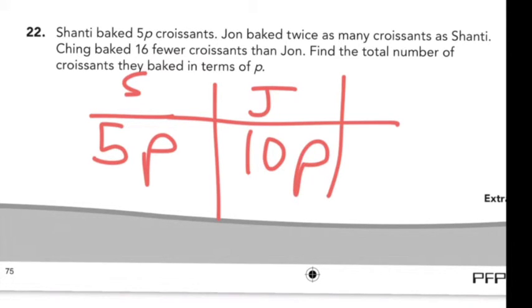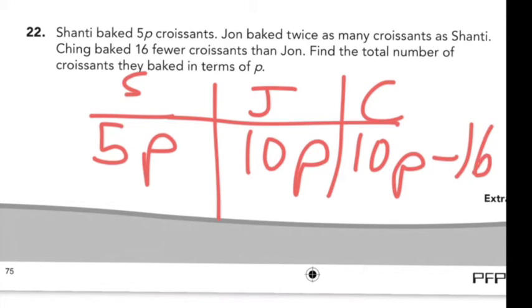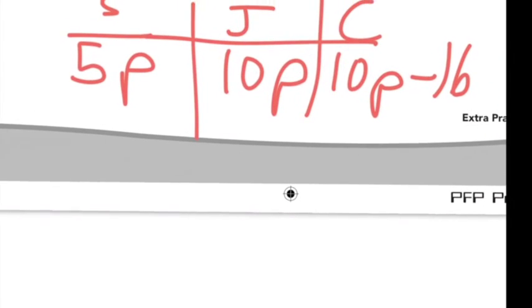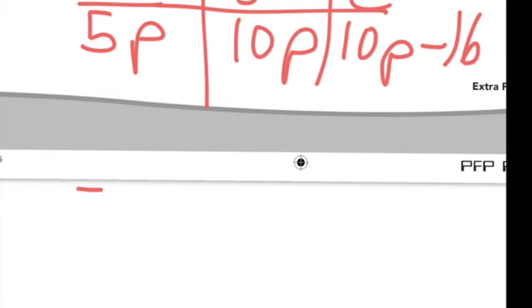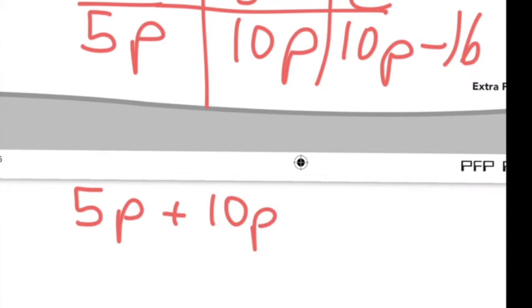Ching baked 16 fewer than John. So John baked 10p. So he did 16 fewer, so it's minus 16. Let me just move this up. So now it says find the total, so we have to add them all. So I'm going to rewrite it as an expression. 5p plus 10p plus, now Ching is 10p minus 16.